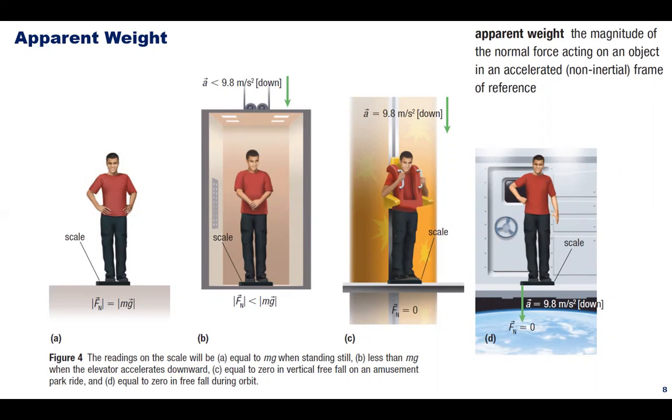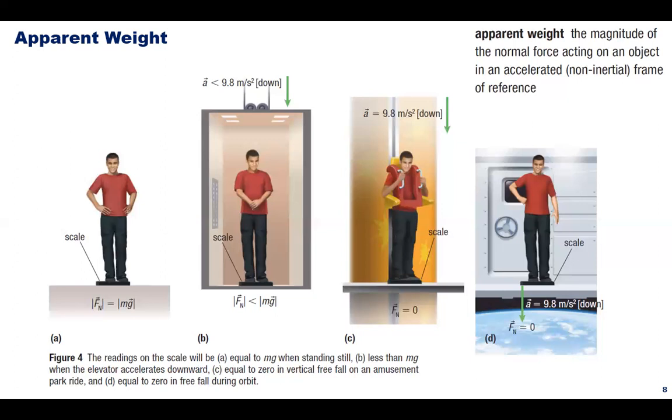Now, suppose that you stand on the same scale inside an elevator. When the elevator is at rest, the normal force is again the same as your weight. This is also true when the elevator is moving at a constant non-zero speed, upward or downward. However, what happens when the elevator accelerates?